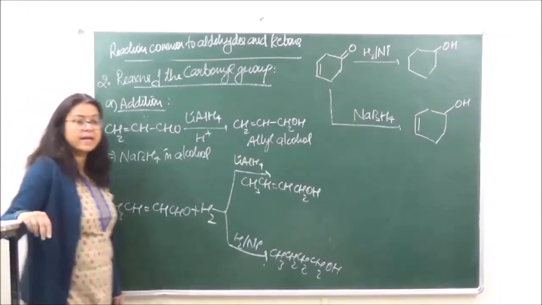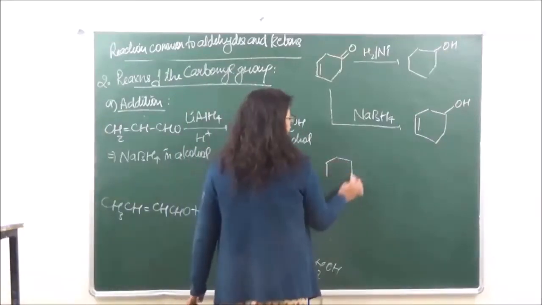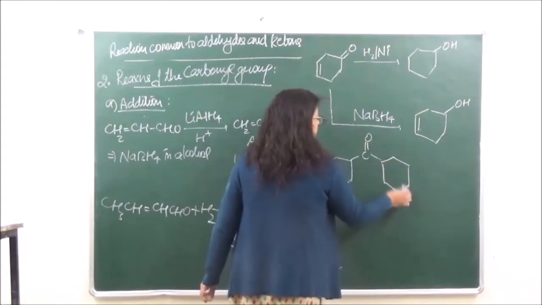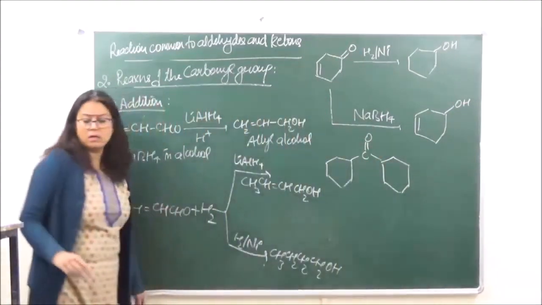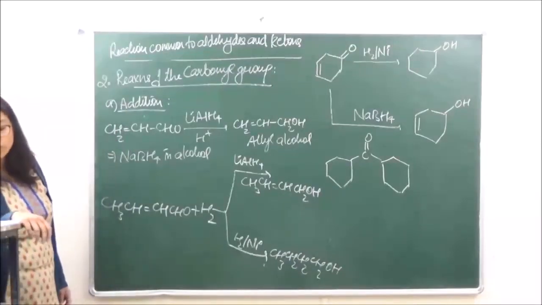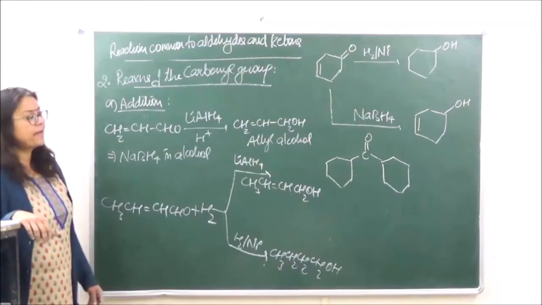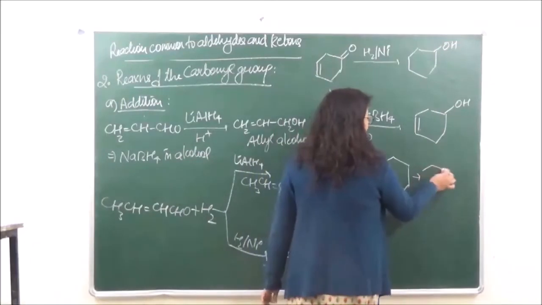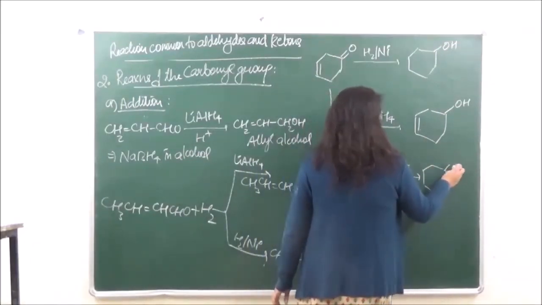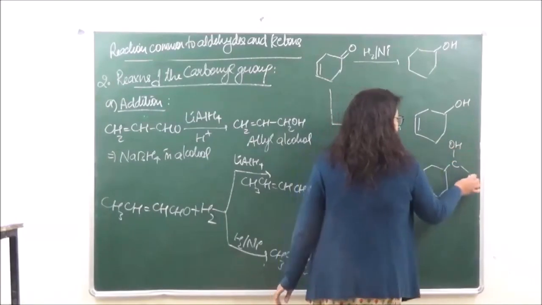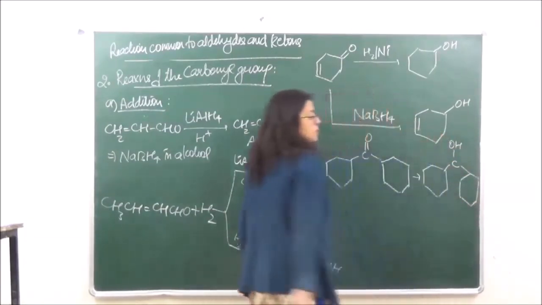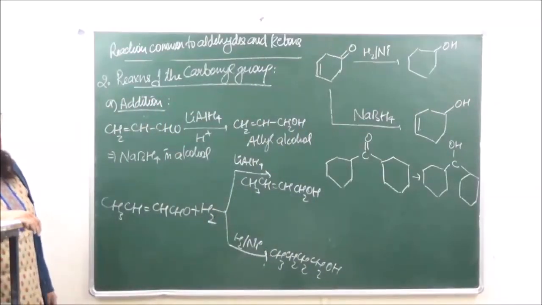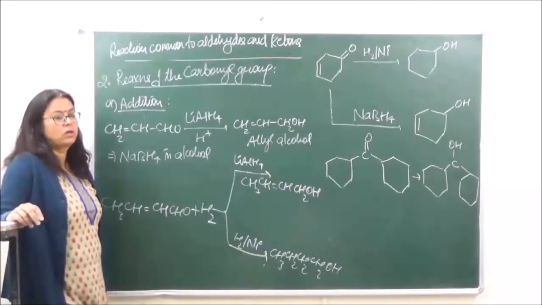And if we are taking a dicyclohexyl ketone of the type, this is dicyclohexyl ketone, and we are reacting this in presence of sodium borohydride. What is going to be our product? It is only the C double bond O which is getting converted into OH. So this is dicyclohexyl methanol.